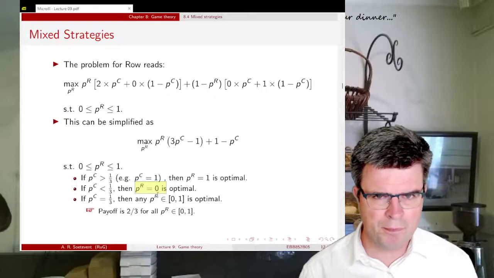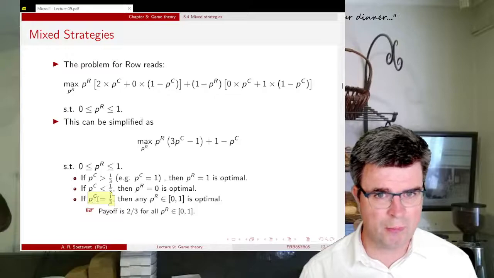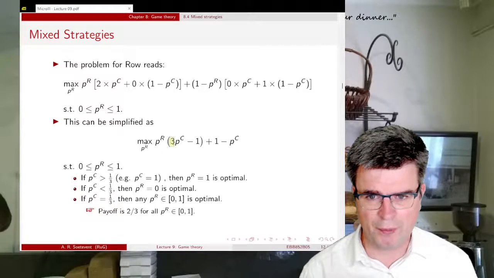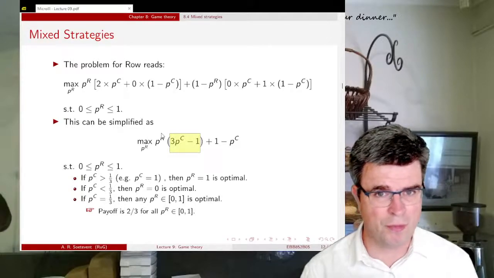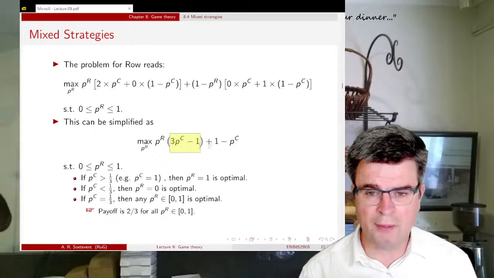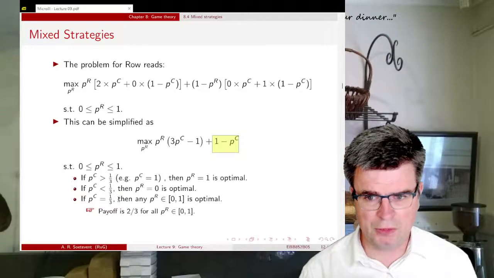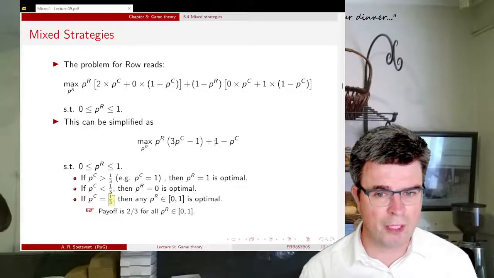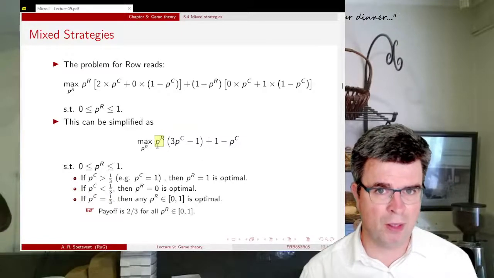And then there's the borderline case where the column player chooses Italy with probability 1/3. Well, then this term within parentheses is identical to 0. It vanishes. So the expected utility of the row player is then 1 minus PC, and PC is equal to 1/3, so the expected utility is 2/3 for any value of PR.